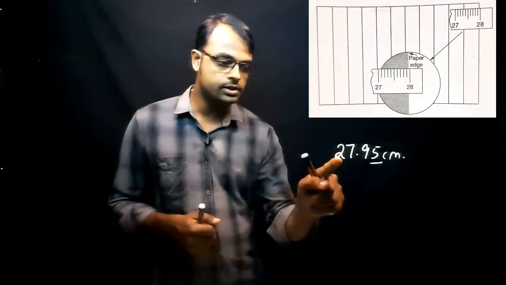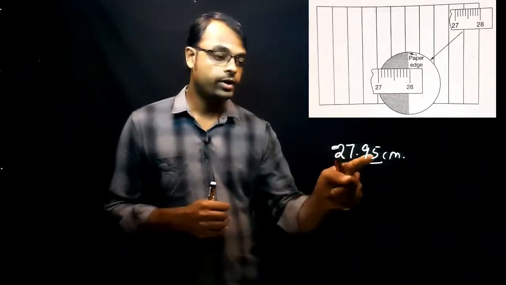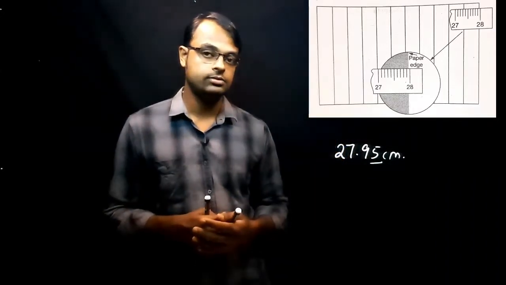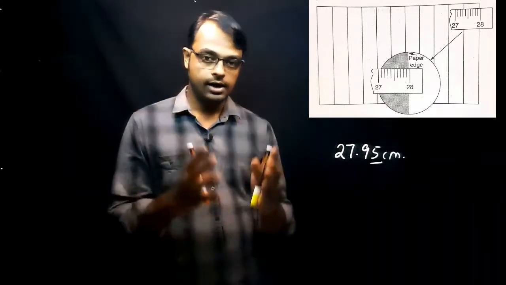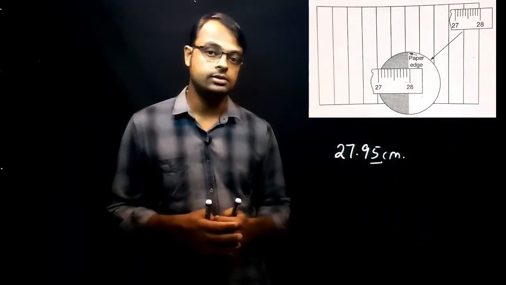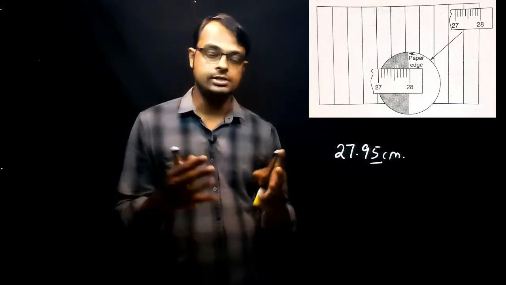What is the reliable digit here? 27.9 definitely will come, so it is a reliable one. 5 is a doubtful one, so you can say that it is one uncertain digit. This is defined as reliable digits plus one uncertain digit, and this is called significant figure or significant digit.